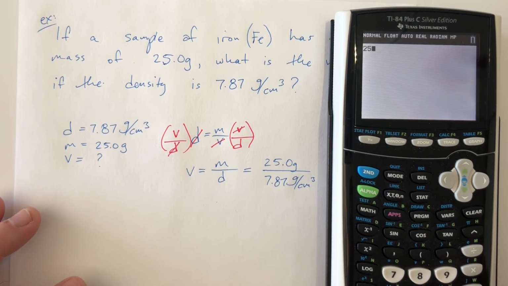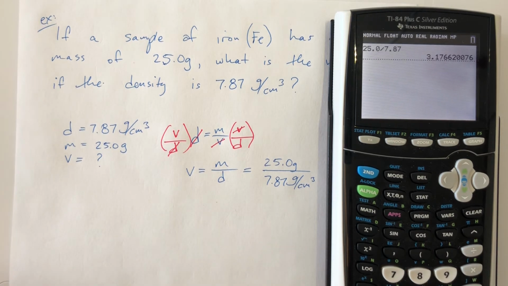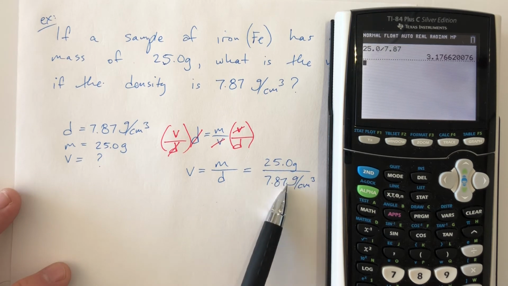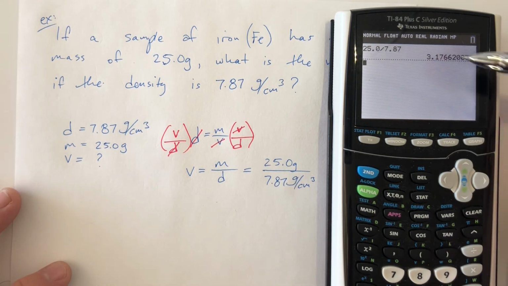So 25.0 divided by 7.87, and I got 3.1766 whatever. Sig figs are not going to go away ever in our lives in this class. So this is 3 sig figs, 3 sig figs, so this gets 3 sig figs. So this would be 3.17, but that 7 would round up because the next number is bigger than 5, so 3.18 is the answer.